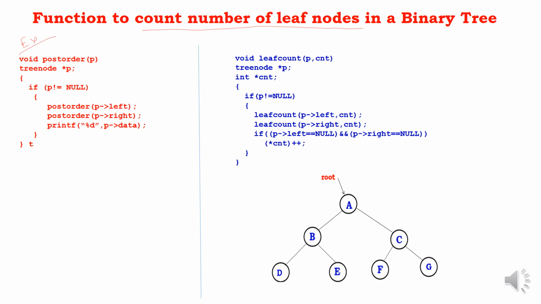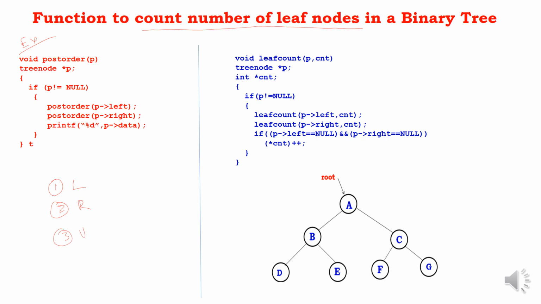In a post-order traversal, if it is a non-empty binary tree, we perform three things: traverse the left subtree in post-order, then the right subtree in post-order, then visit the root node. The same we perform here.